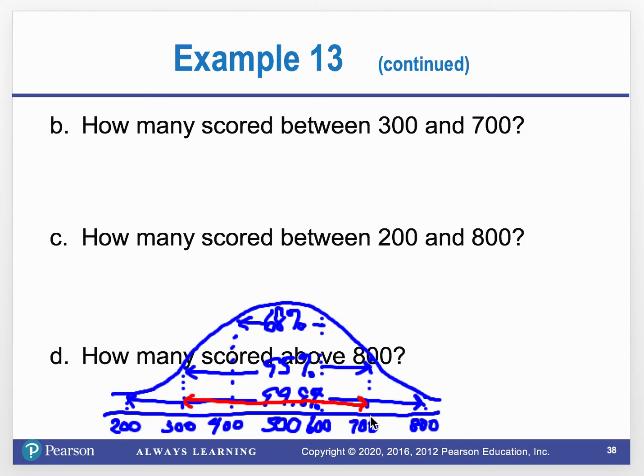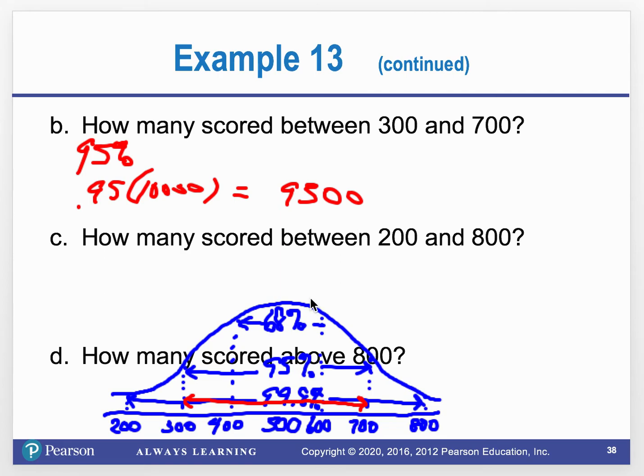Oh, look, these numbers coincide exactly with this 95%. So 95% of them did. Okay, so 95% of the 10,000 students, or 9,500, scored between 300 and 700.